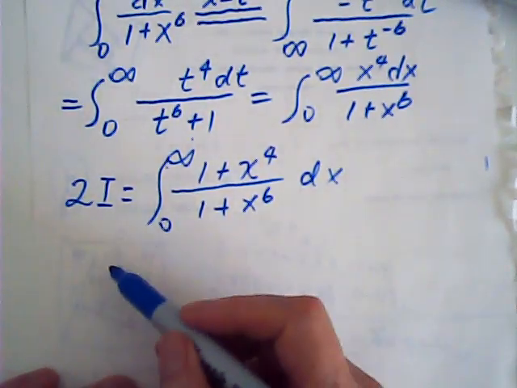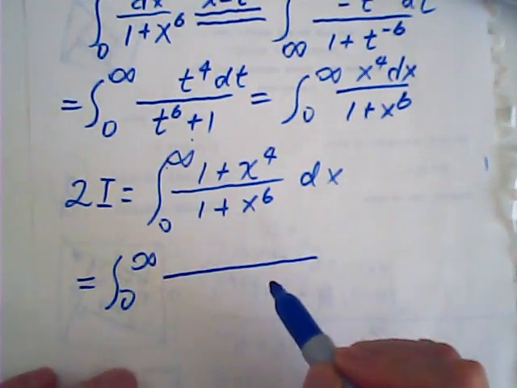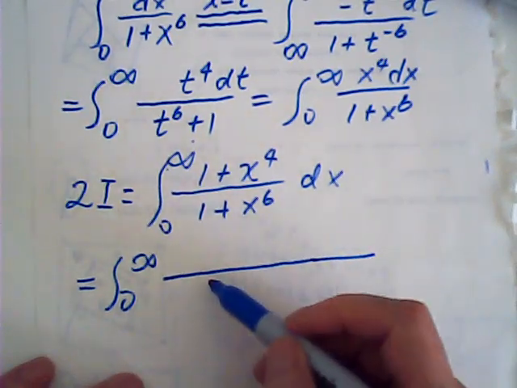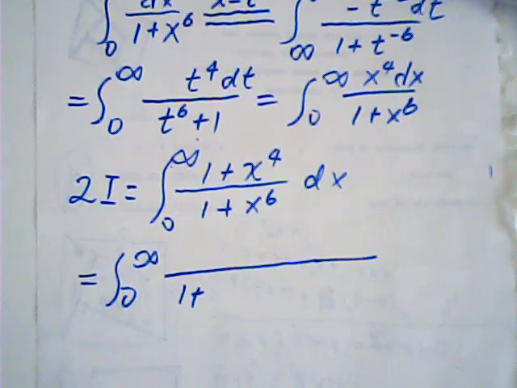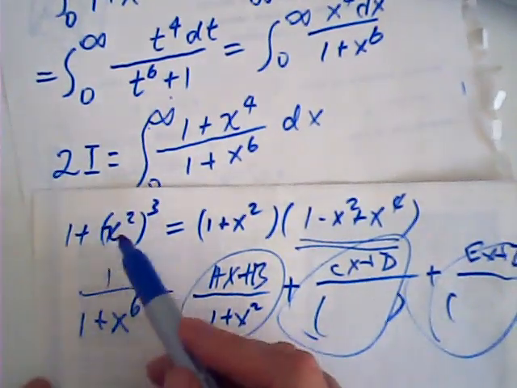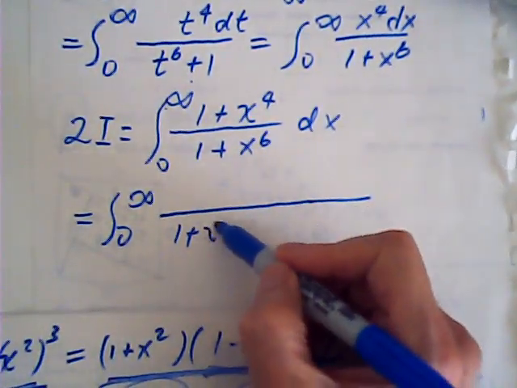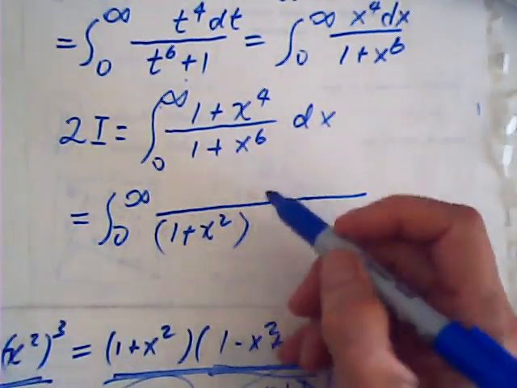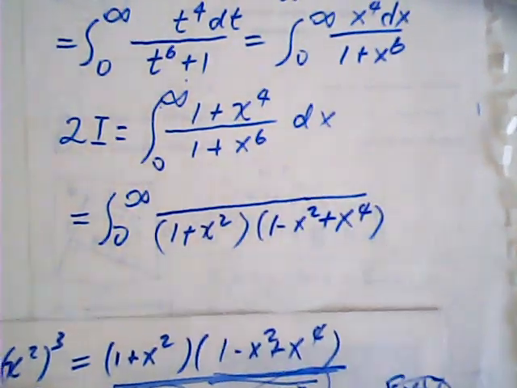Then I factorize the denominator, as I said before, into 1 plus x squared multiplied by 1 minus x squared plus x 4th.